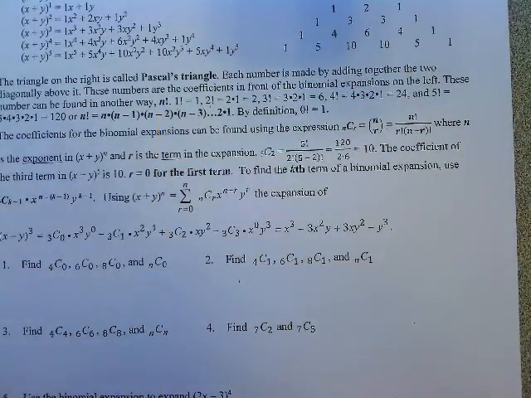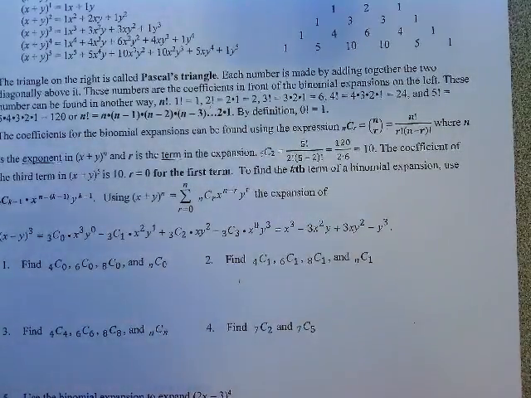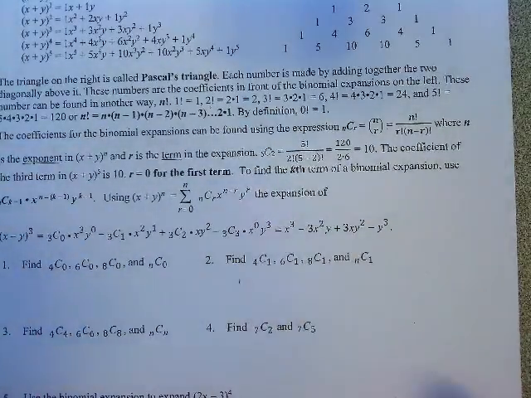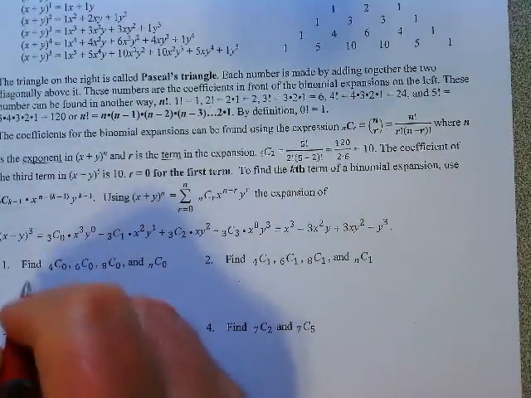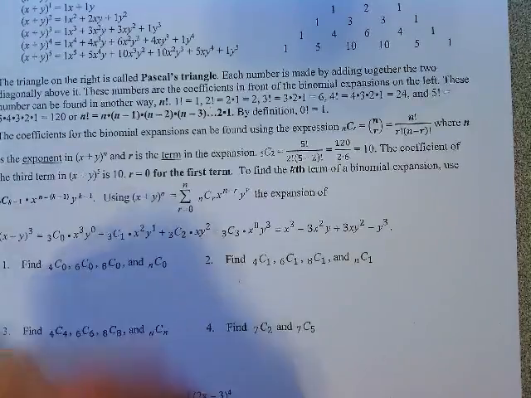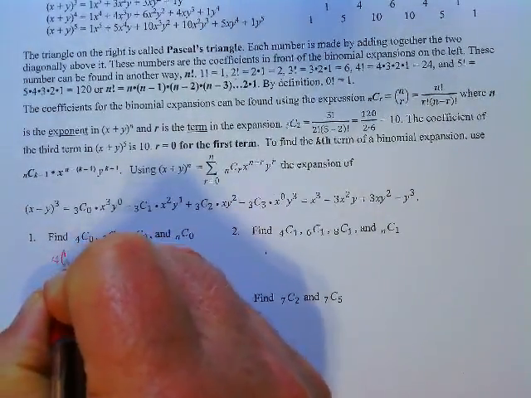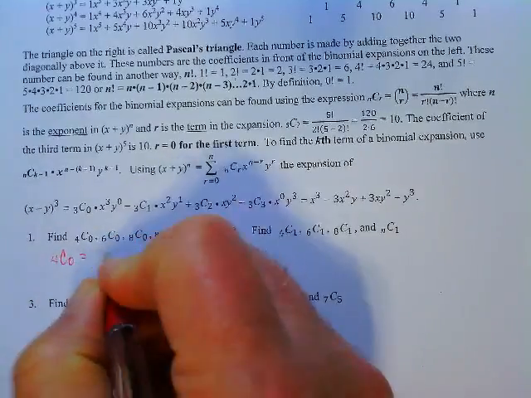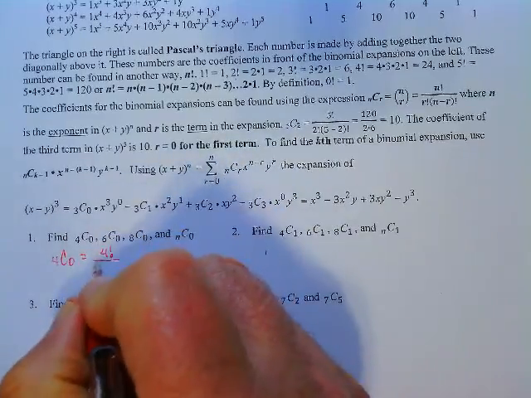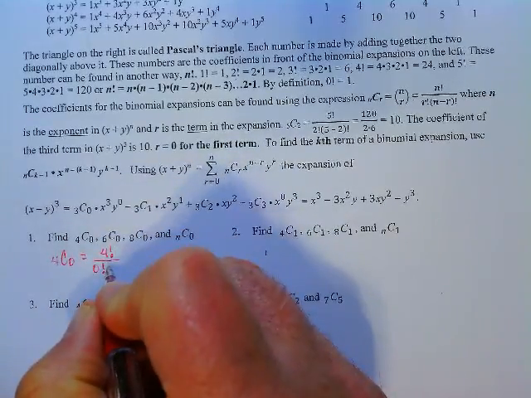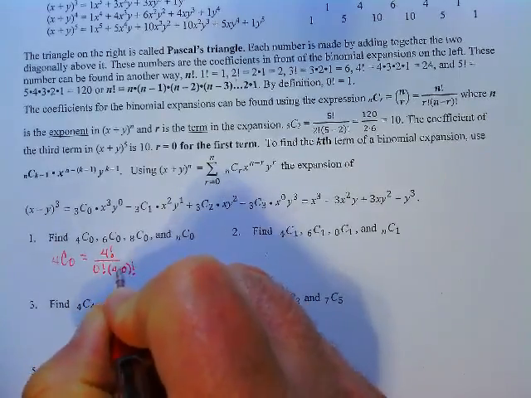Alright, so using our calculator, we can determine what these different values are. And so I'm going to use the formula to begin with. 4C0, well, that's going to be 4 factorial over 0 factorial times (4 minus 0) factorial.